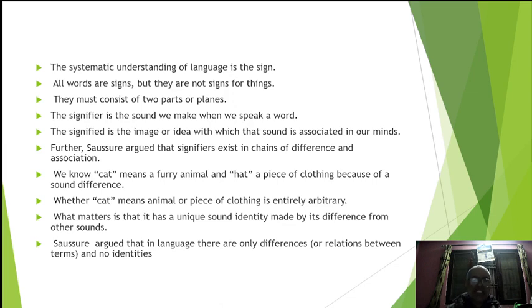Whether cat means animal or piece of clothing is entirely arbitrary. It depends on convention. Conventionally, we decide that cat means animal and hat means a piece of clothing. What matters is that each has a unique sound identity made by its difference from other sounds. Saussure argued that in all language there are only differences, with no positive identities in the relation between terms.